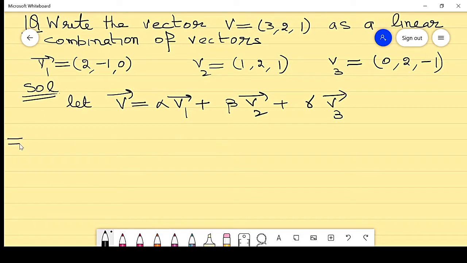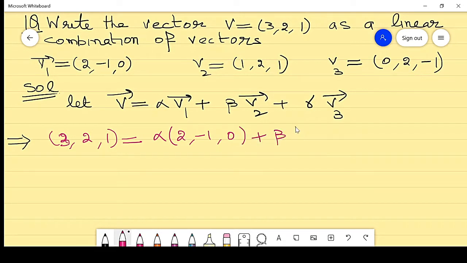So it implies the value of v, which is (3, 2, 1), is equal to alpha into (2, -1, 0) plus beta into (1, 2, 1) plus gamma into (0, 2, -1).